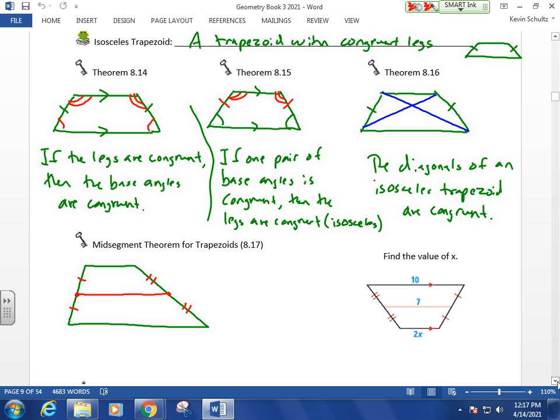okay? So those parts are congruent. And the midsegment is going to be parallel to the bases. The midsegment is always parallel to the bases.